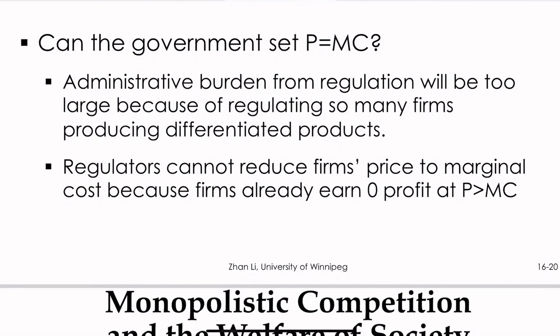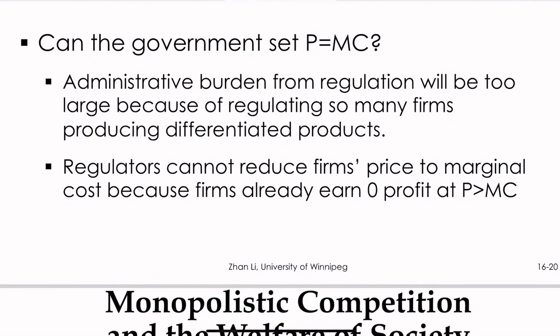But you can see that this is quite unrealistic. The reason is that we are talking about a market with many sellers. Remember, the first assumption of this monopolistically competitive market is that we have many sellers. So this essentially means the government agency has to regulate many firms who produce different products. You can see that this is a very daunting task.